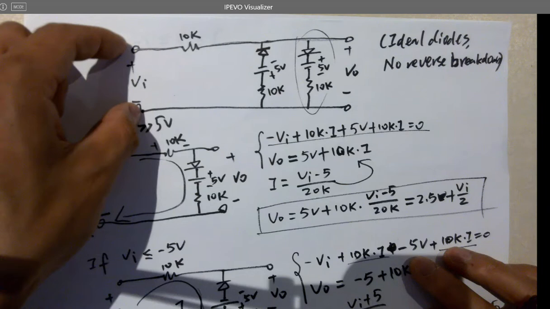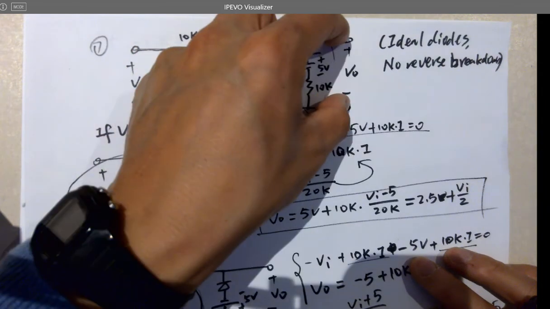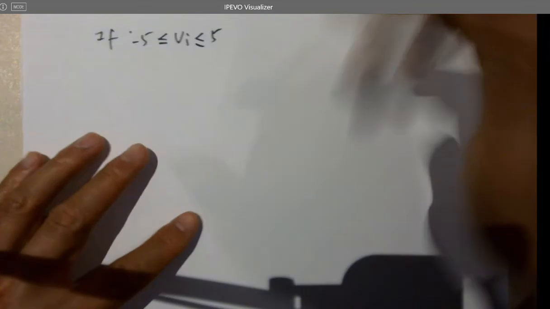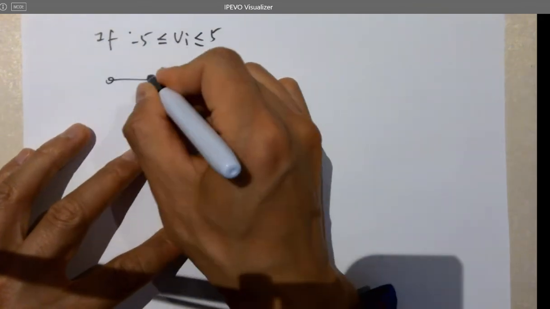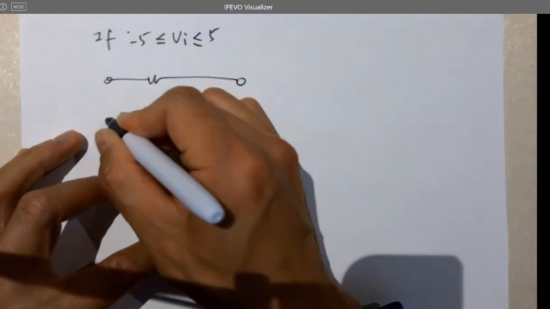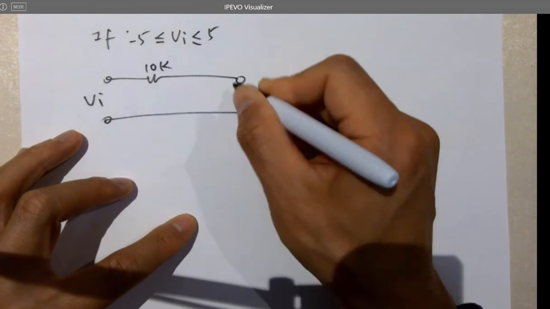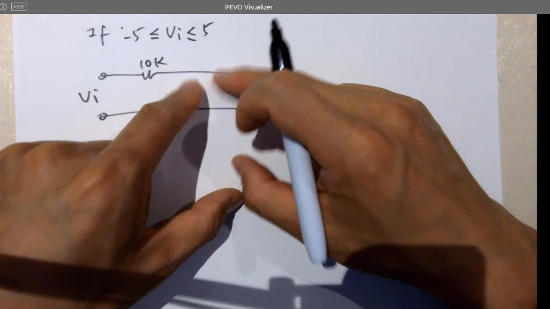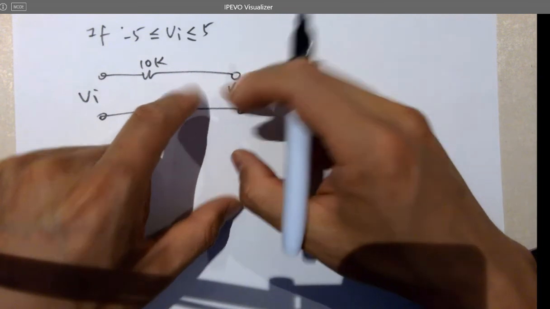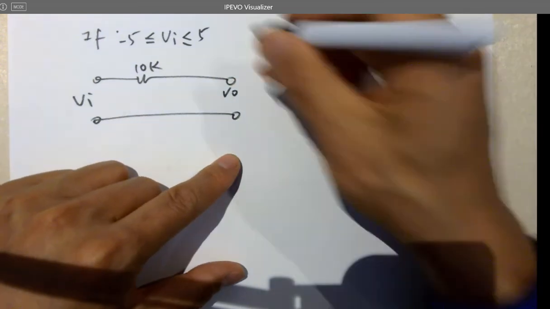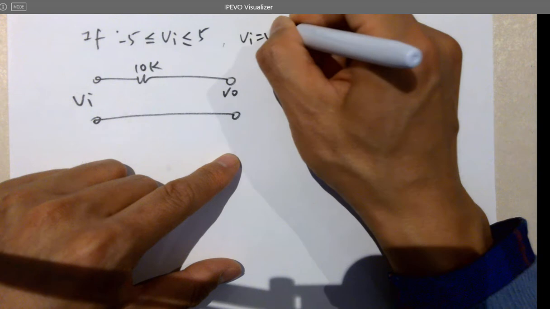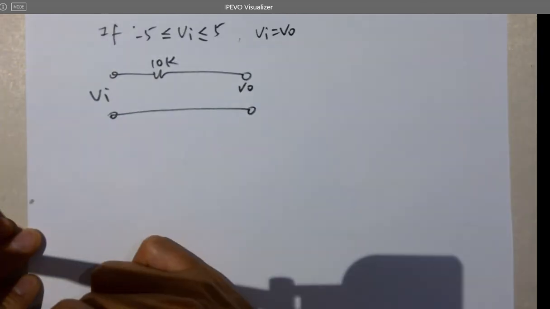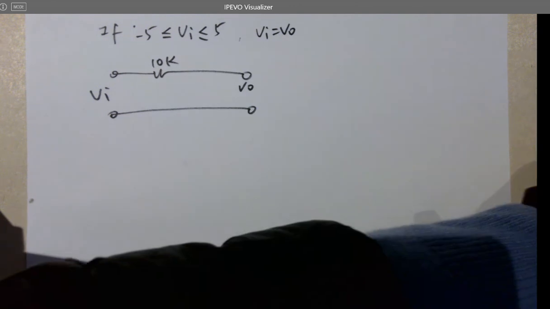What voltage appears here will be transferred to VO as well. The circuit looks like this: VI, 10K, VO. So no current is going to flow through either of these two diodes. Okay. Done for diodes.